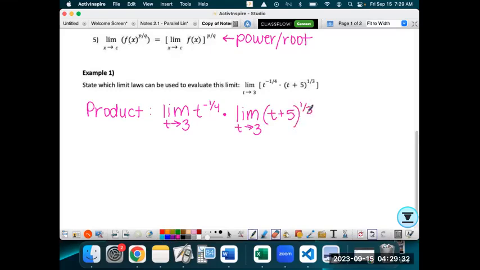Now, looking at the example, I know that I curated it, but at the same time, if this were a problem in the textbook, I would be shocked that the next move that I could do on both of these is actually the same. I wouldn't have expected that, but I can actually apply the power/root limit law to both of these at the same time, since both factors have powers applied to the entire expression.